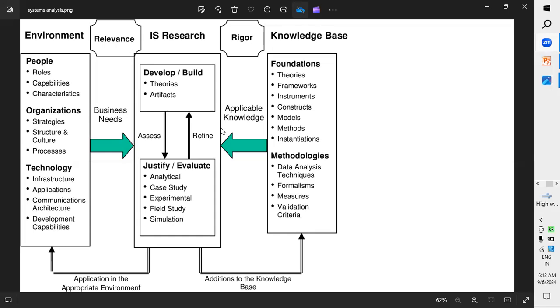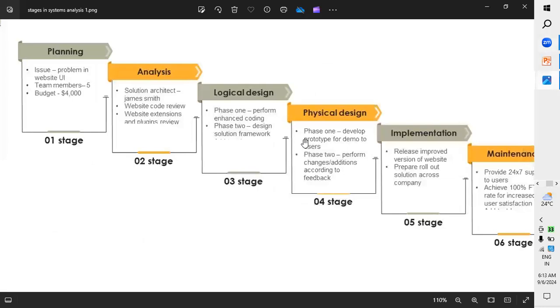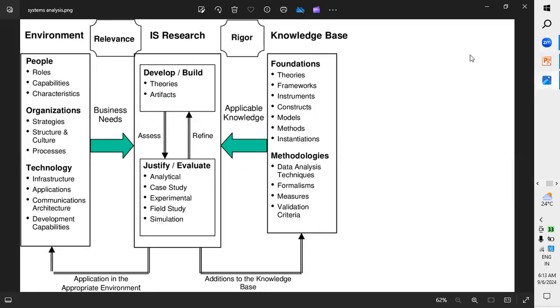Before we get into the programming, object-oriented programming, we always need to understand about the systems analysis: what generally systems analysis is, how the system analysis functions and works, and what are the different stages in system analysis. Normally, you can see there are different stages in system analysis. This is something which normally we want to know.